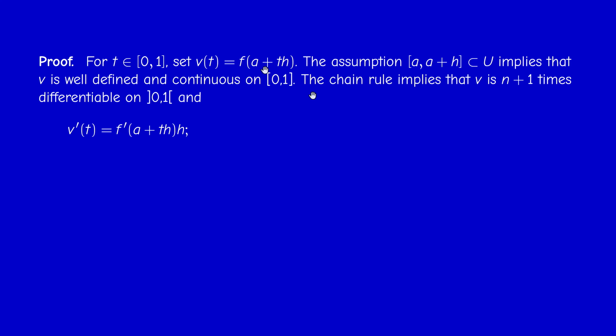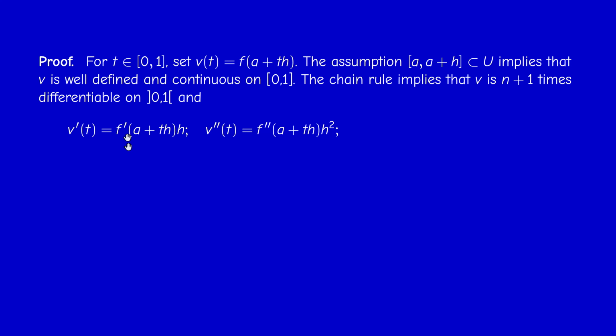And now I use the chain rule, I differentiate with respect to t. The chain rule gives me that the derivative of v at t is f prime of a plus th evaluated at h. You can use the chain rule, or you can go back to the definition if you like.